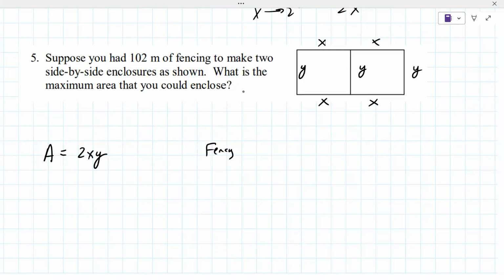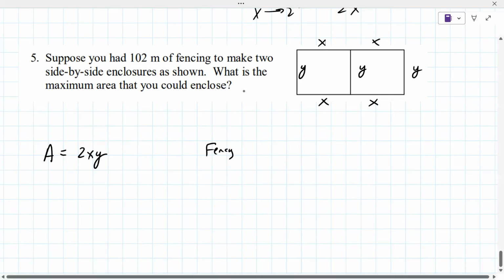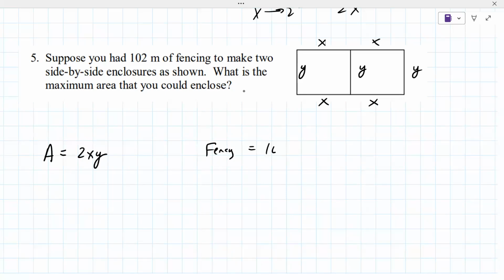And then for perimeter, it's 4x plus 3y equals 102. Okay, could you solve this for y and then let me know what you come up with, and then we'll talk about what to do next.